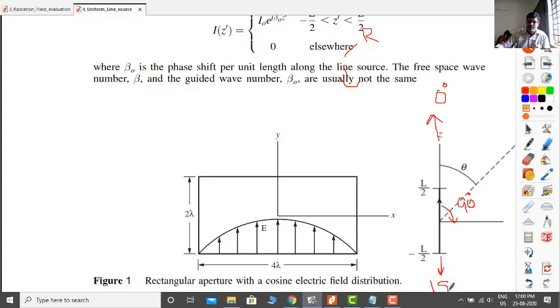End fire can take place either upward or downward: for the upward case 0 degree, for the downward case 180 degree. Whereas broadside happens at 90 degree this way, and this also is a broadside. So 90 degree is broadside radiation, and this one will be end fire.